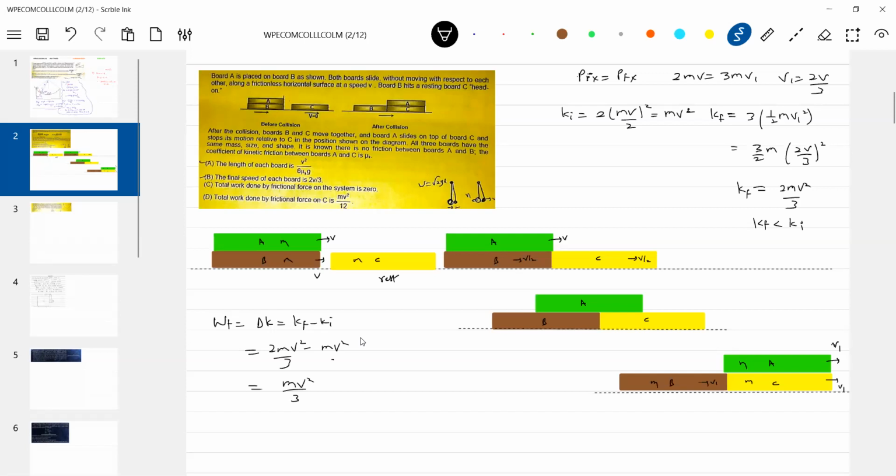Is the calculation okay? So the negative sign will come.